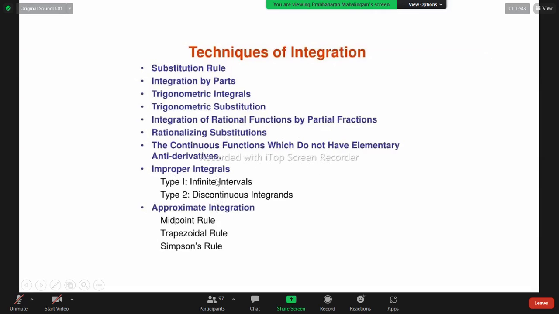So before seeing this, these are the approximate integration methods. Actually, we will find out the applications of integration. Trapezoidal rule, Simpson's rule and midpoint rule. We will see these three in the application part. Today, tomorrow we will see.